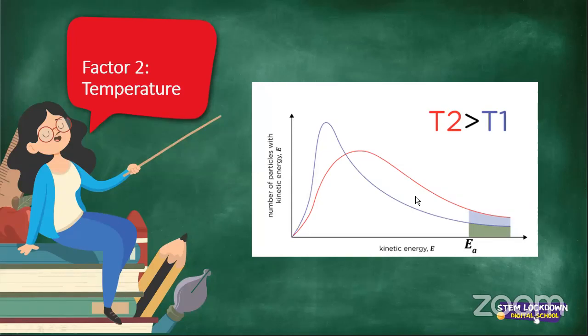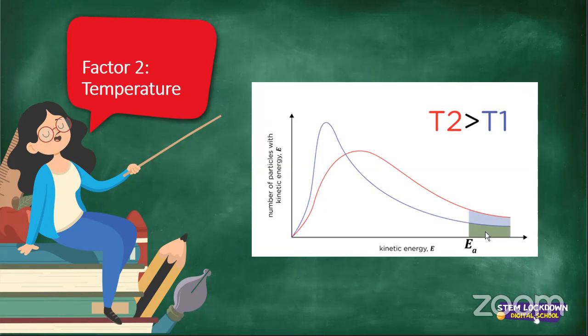If you look at the end where the activation energy is in the colored inside, the green bit is your particles that have enough energy for your original reaction. But now, when you've increased the temperature, you get that additional blue bit at the top. So it now has the blue bit and the green bit. So it's almost got double the particles that have the amount of energy that it needs for the reaction to take place.